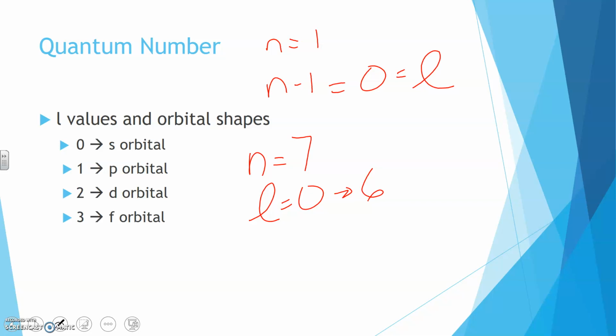Now we don't have a 6, we don't have a 5, we don't have a 4. So basically L at this point can be anywhere from 0 to 3 because that is what we have at this point. So you're going to see L values of one of these 4 here, and then it just directly corresponds to one of these orbitals.